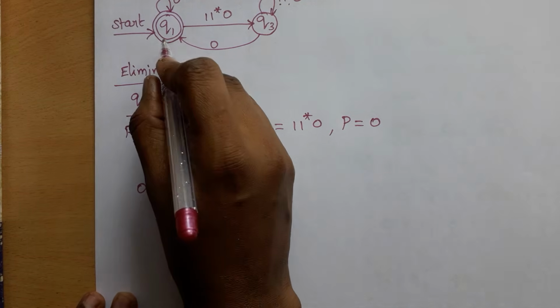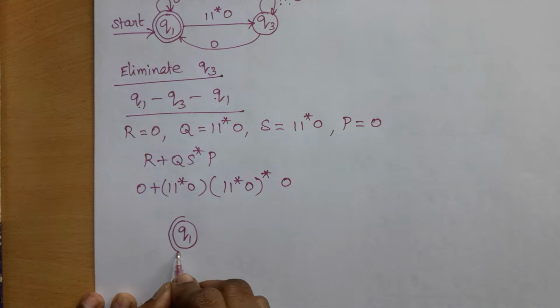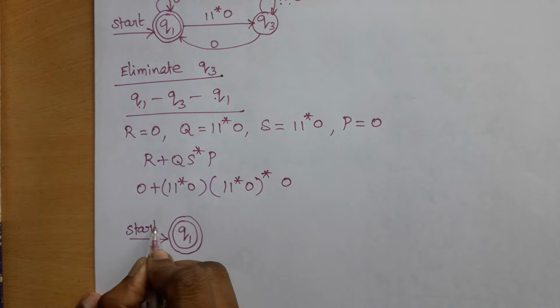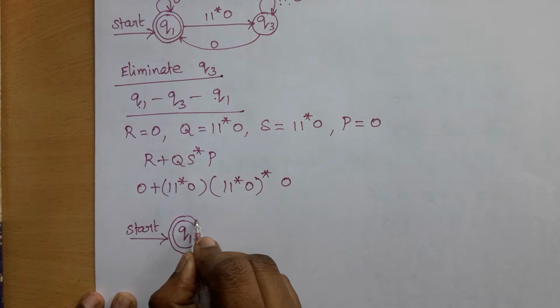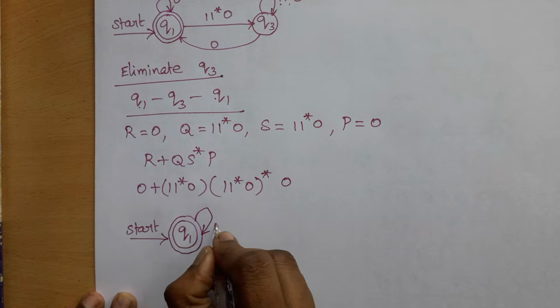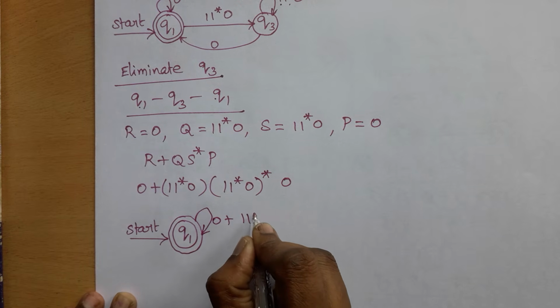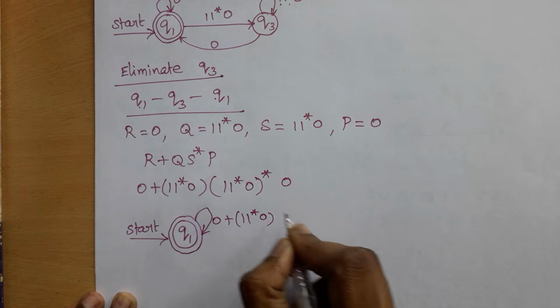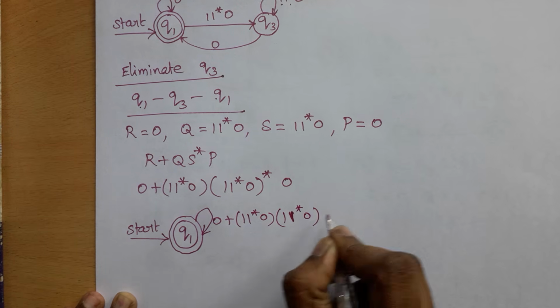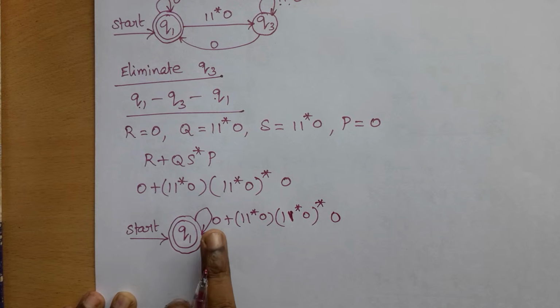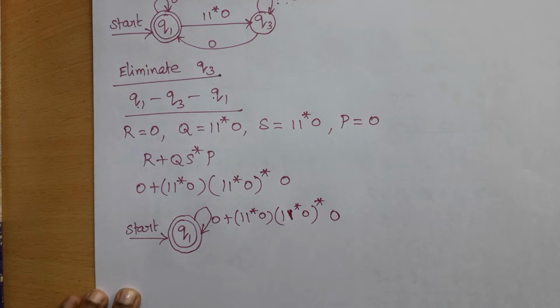Here Q1 is both the start and final state, so the edge from Q1 to Q1 is labeled by 0 plus 1 1 star 0, 1 1 star 0 whole to the power star, 0. This is the regular expression we got.